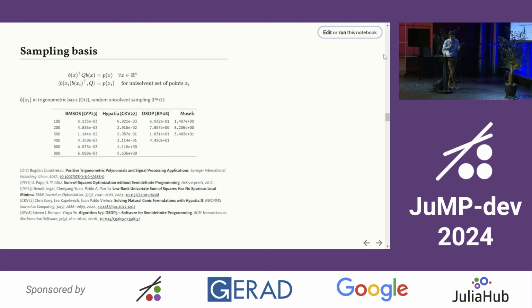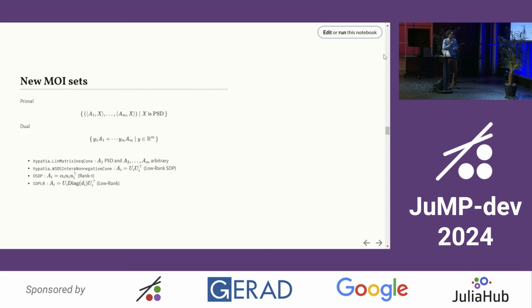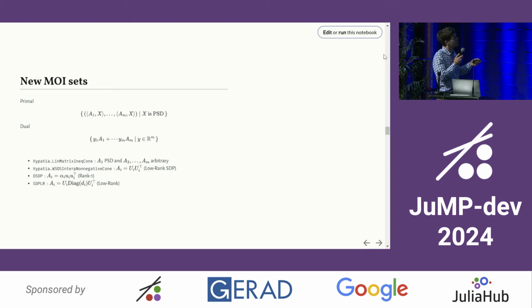So from this benchmark, we can see that exploiting this low rank structure of the constraint matrix can be quite useful. So what I think we should do is probably add these two sets to MOI. So here, to simplify, I said this is the set of PSD matrices, but it could be other sets as well.